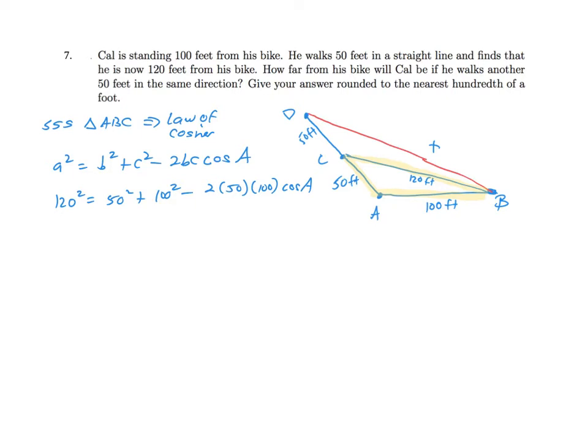This one would be c, and this is little b. Side lengths opposite the vertices. And 120 is our little a.